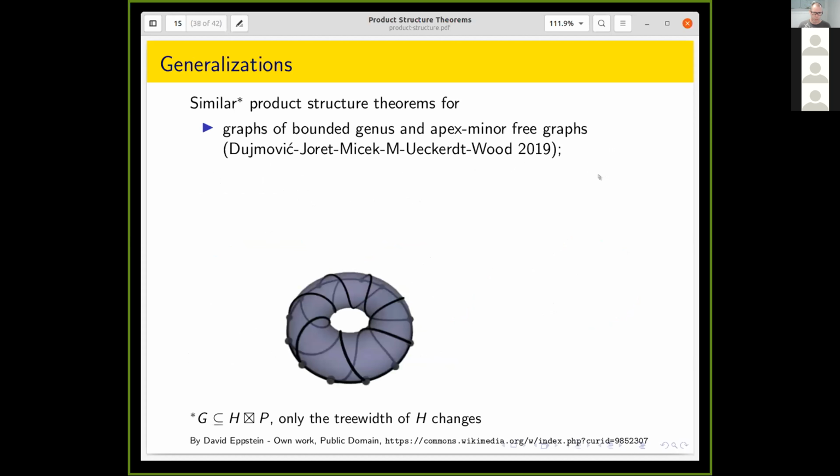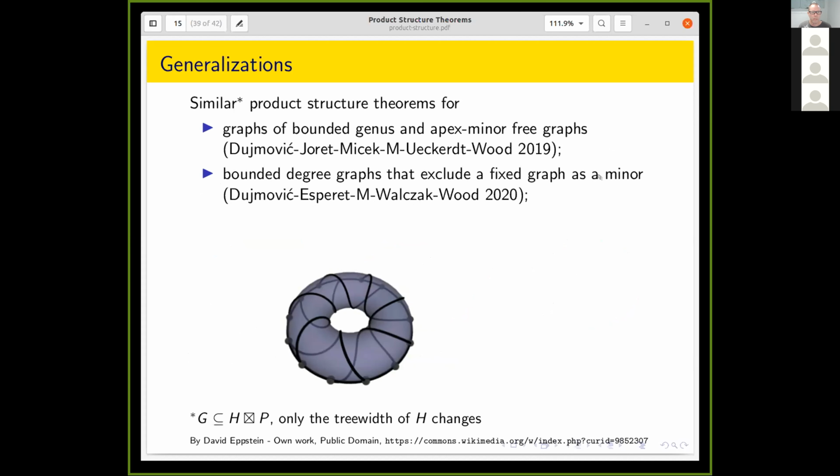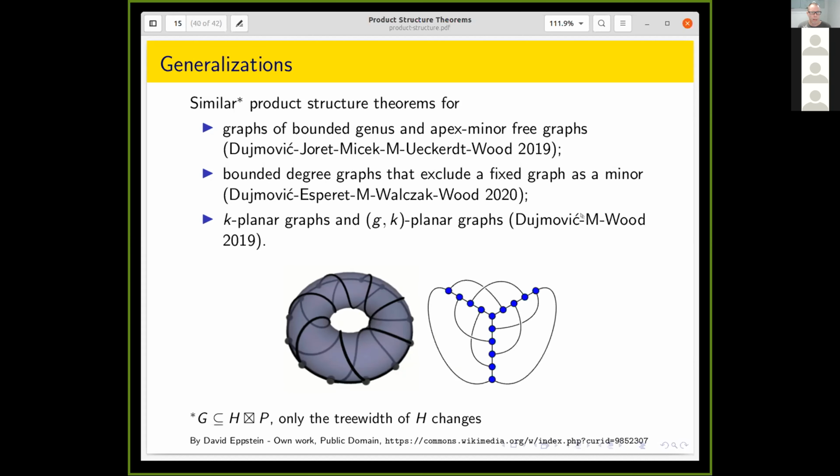And there are a number of generalizations, including to graphs of bounded genus, and more generally than that, apex-minor-free graphs. That's in the original paper. If you give me a bounded degree graph from a proper minor-closed family, then that also has one of these product structure theorems.